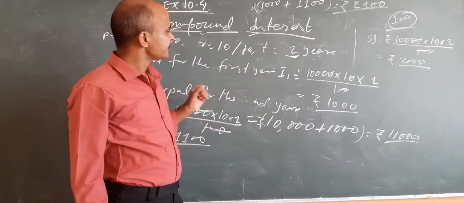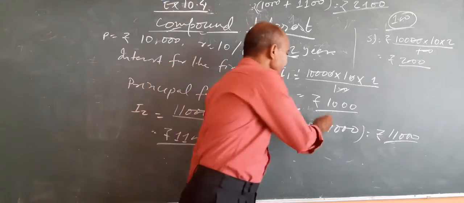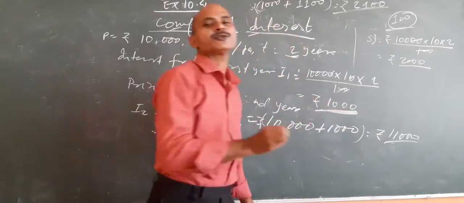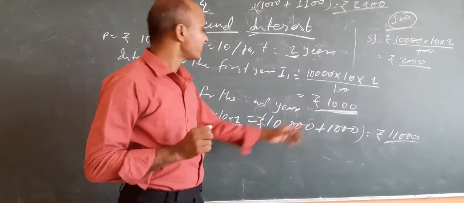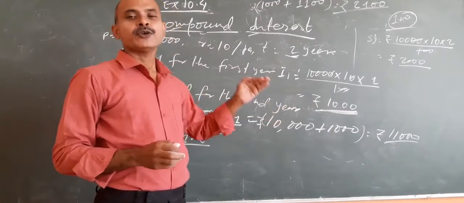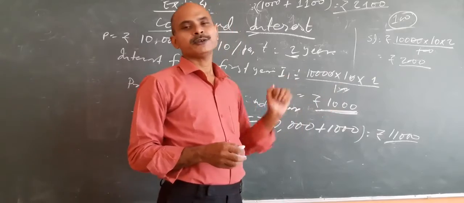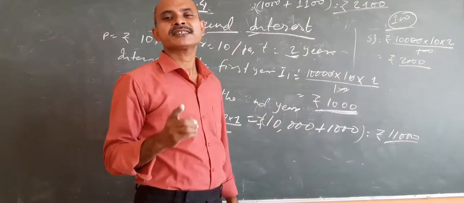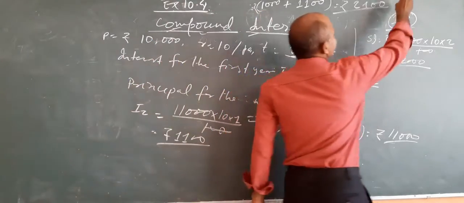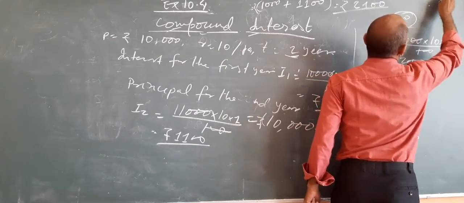It arises because we have to pay interest on this 1,000 also, which is the interest for the first year. 10% of 1,000 is 100.